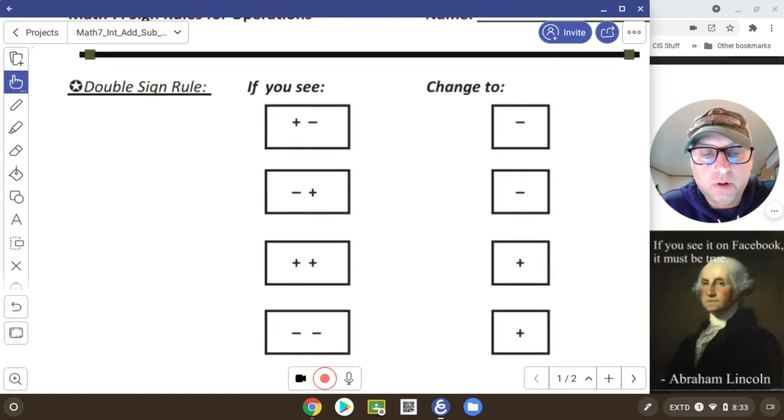The first thing that I recommend as being helpful is to attack the double sign. In other words, if we see an add or subtract operator followed by a positive or negative sign, it's kind of confusing with the two symbols right next to each other.